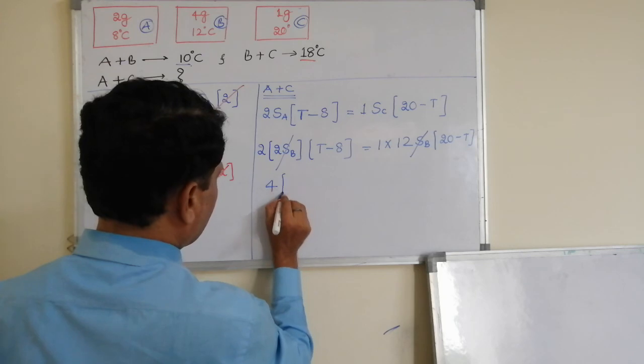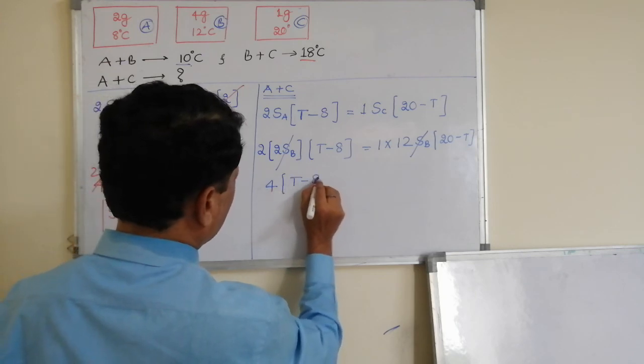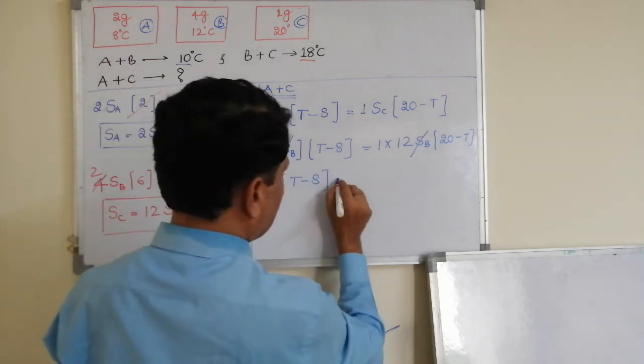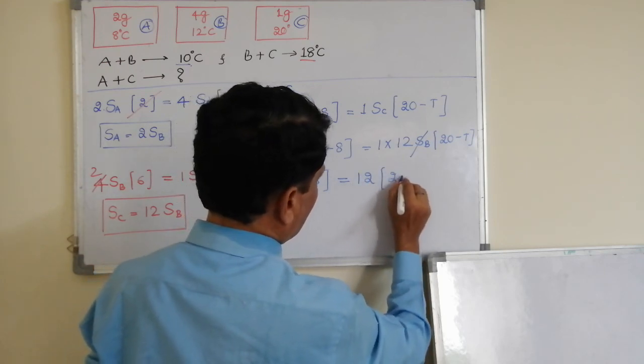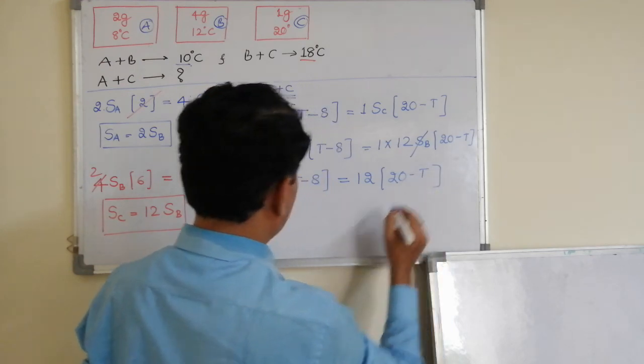It will be 4 in bracket T minus 8 is equal to 12 in bracket 20 minus T.